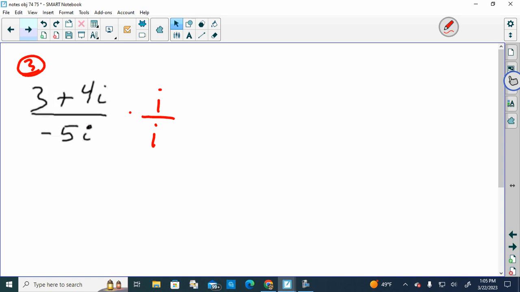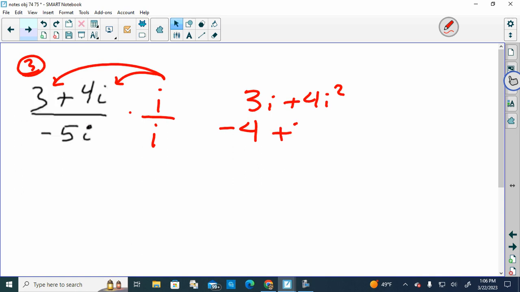So now I'm just distributing one thing. That's kind of like the variable one that we did, where it was all variables. I'm distributing that to that, which is just going to be 3i. Distributing that to that, which is really 4i squared, which will change that 4 to a negative. But remember, when we write it in order, it's the real number first.